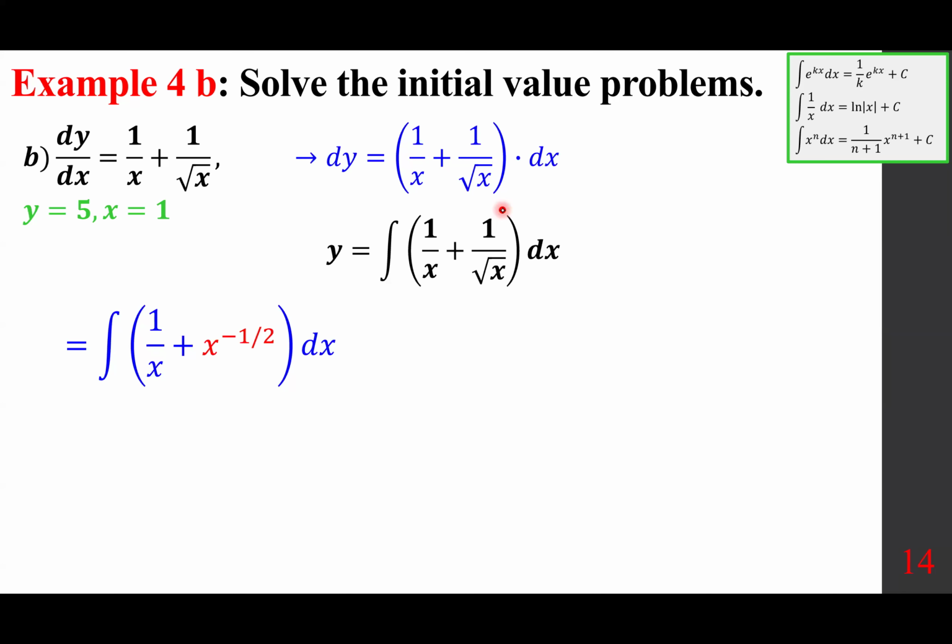Well, this is straightforward. This is a natural law. This one, we use the power rule, 1 over negative 1/2 plus 1, x to the power of negative 1/2 plus 1, and a constant.